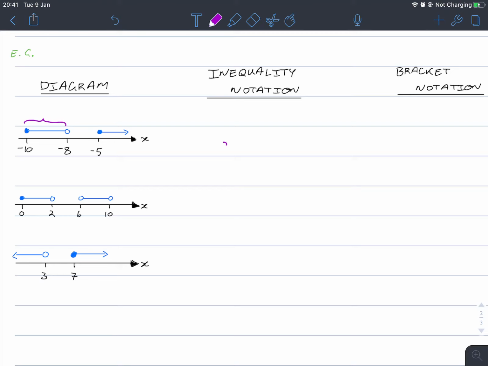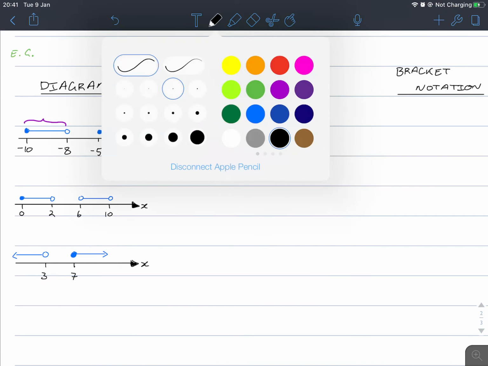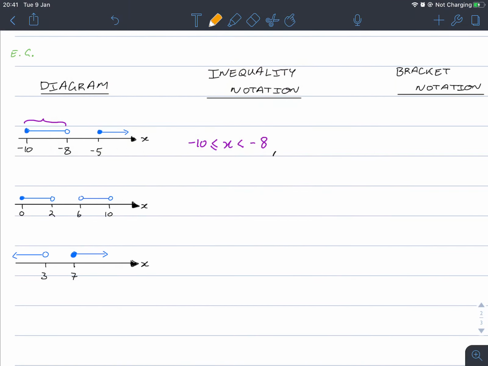This is x is less than but not equal to negative 8, but it is greater than or equal to negative 10. That there is the first interval, and this is combining with this interval here. Let's do that one in orange.